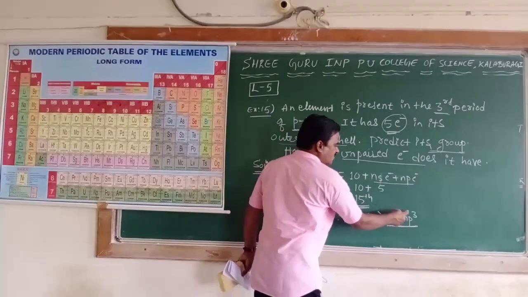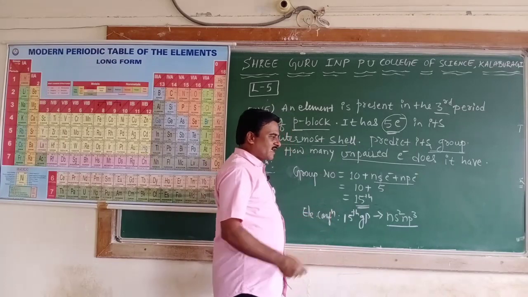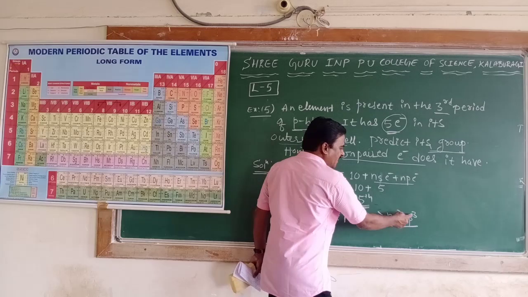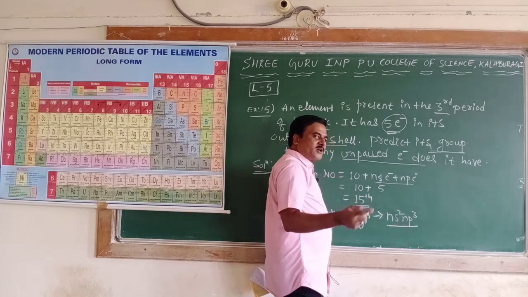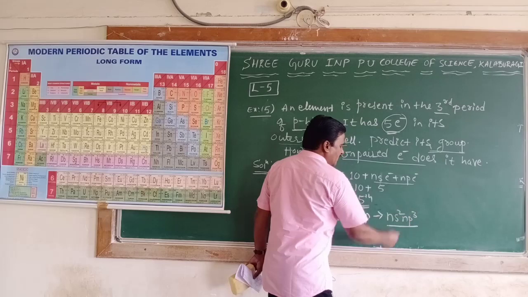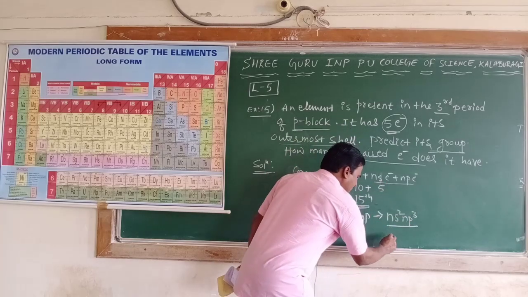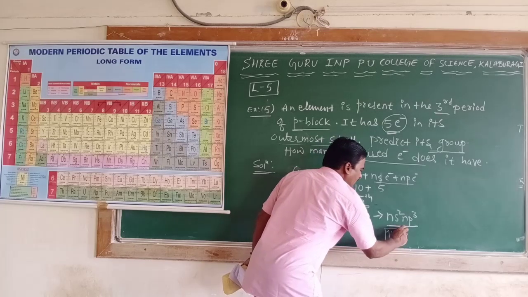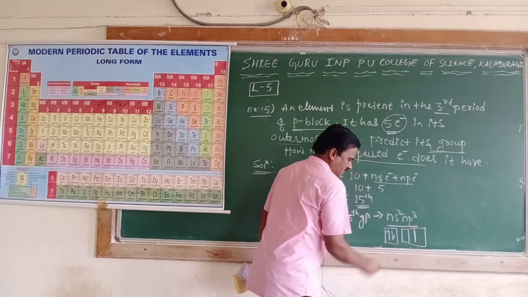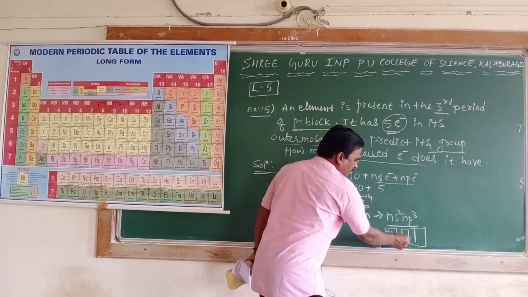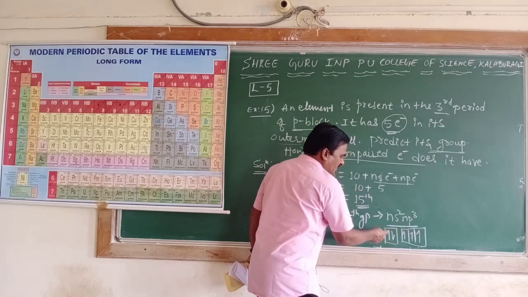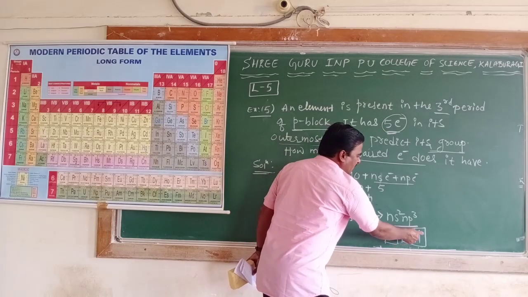Checking the configuration: ns2 is completely filled, and np3, as the capacity of the p orbitals is 6, is half filled. In the box representation, the s orbital is paired up, and in the 3 p orbitals, 3px, 3py, 3pz, as per Hund's rule, electrons occupy each of them singly. So we have a completely filled s and half filled 3 p orbitals.